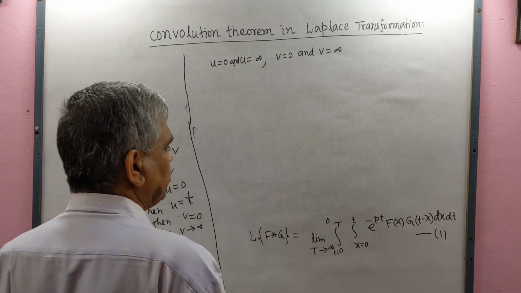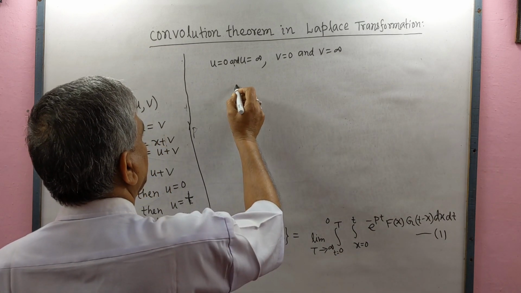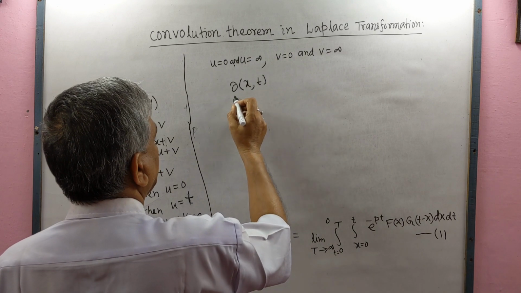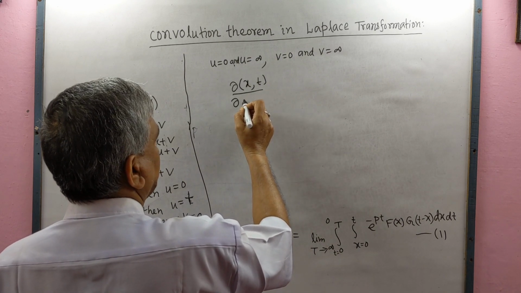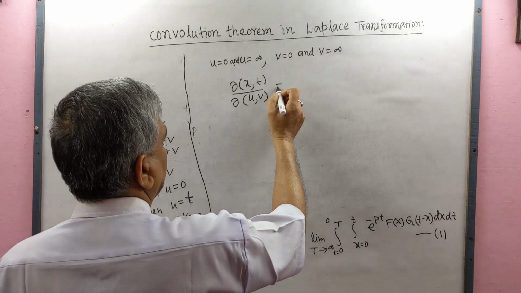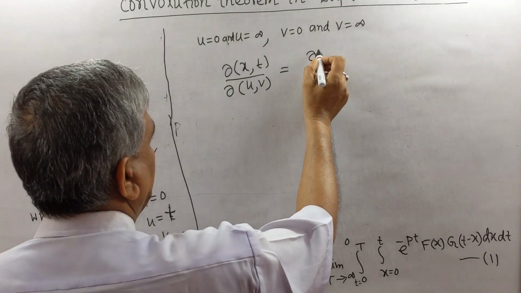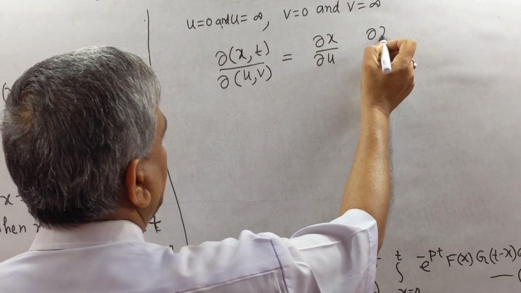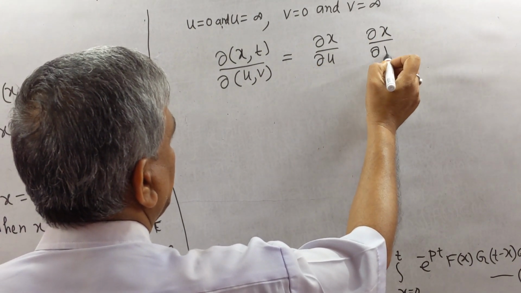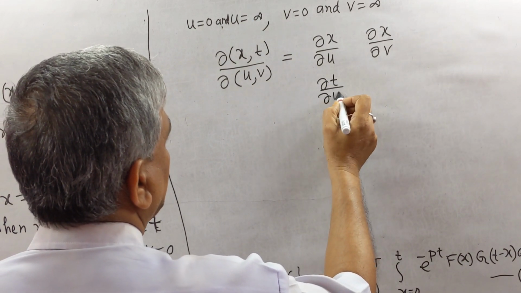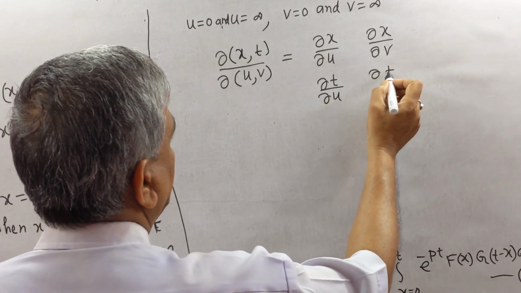So firstly we have to find the Jacobian. Del x t, the first set of variables, by del u v, the second set of variables, equal to del x by del u, del x by del v, del t by del u, del t by del v.